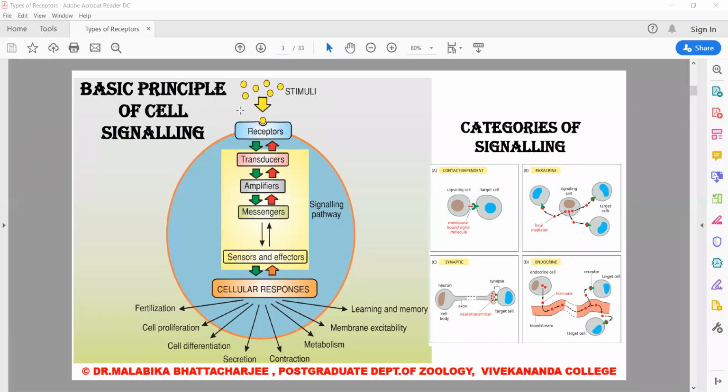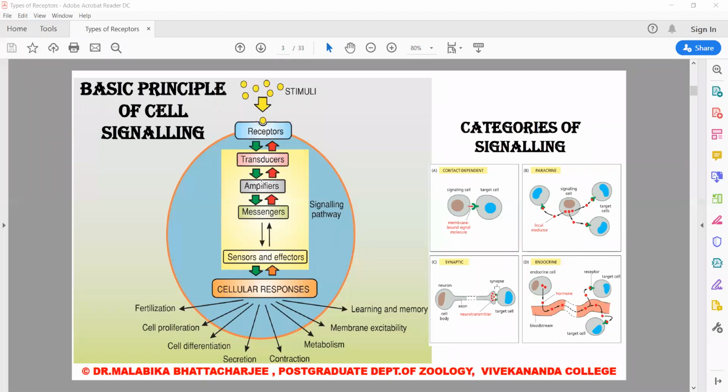It might also so happen that the stimulus may directly enter the cell. So that option is also there. Once the stimulus binds to the receptor, a host of pathways are switched on one after another. The receptor binds with the stimulus and it activates certain molecules known as transducers. That is, they carry the signal on. Then the amplifiers magnify the signal, the messengers.